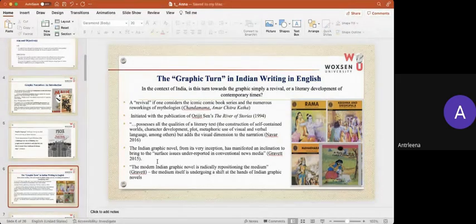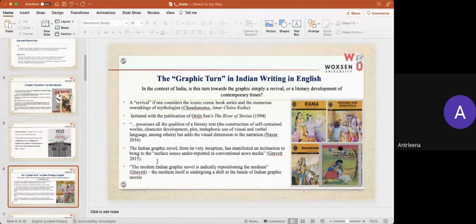It's a revival, because we have been having Amar Chitra Katha, we have been having Chandamama. And if you look at these texts, they were dealing with mythologies. They were often talking about the social problems in our society, the caste system, in a very indirect way.